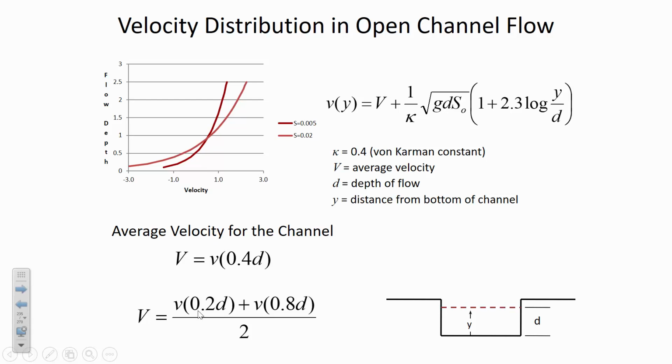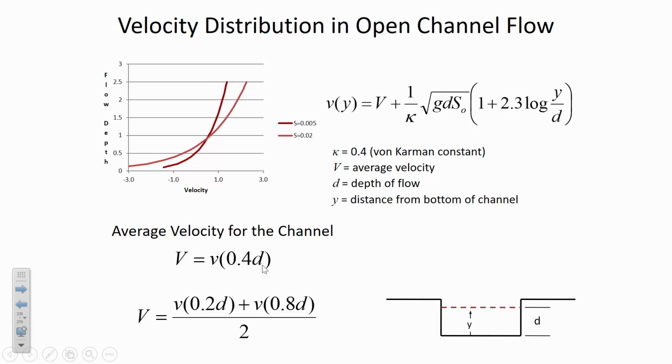Or maybe another way of taking differences in slope into account is by having a weighted average of the velocity 2/10 of the way from the top and 2/10 of the way from the bottom, averaging the two, and then that would give you the average velocity.